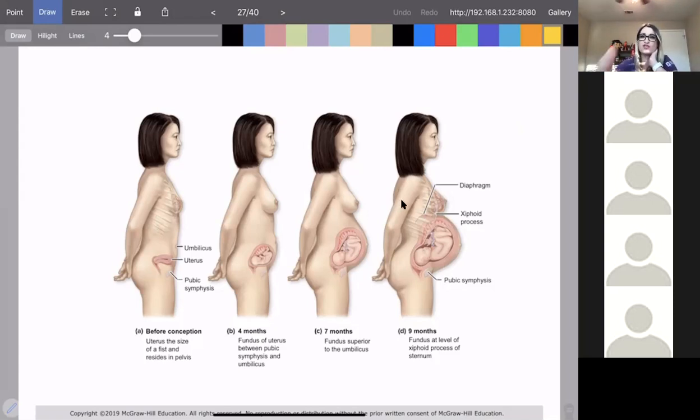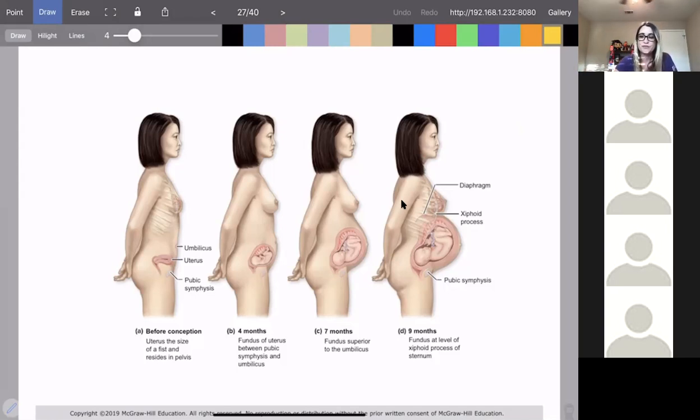And then true labor is where the contractions happen to be regular. They are not only getting closer together, they're also going to intensify, and each contraction will begin to last longer and longer. Labor is a positive feedback. It's a process that's working towards a single outcome, and that is the delivery of the child.